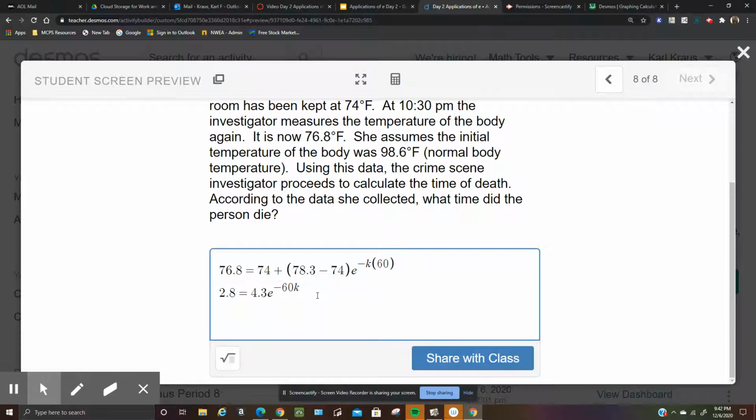And then we'll solve this for K, so divide by 4.3. And that equals E to the negative 60K.